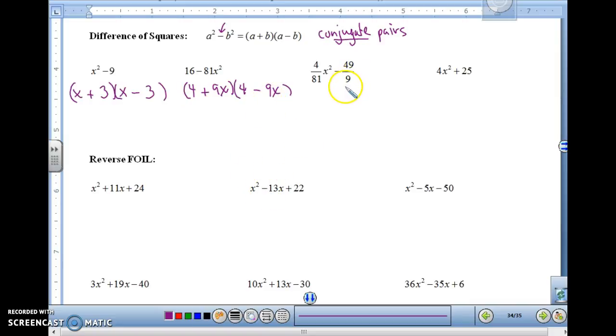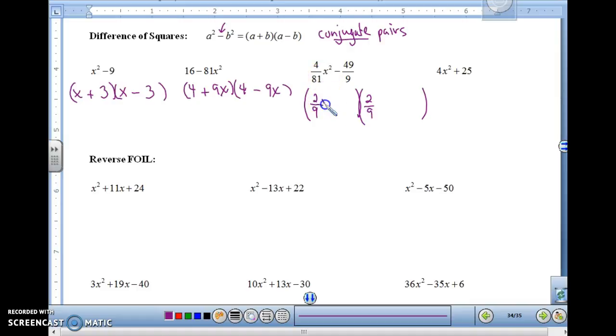All right, now don't let the fractions throw you. 4 81sts x squared minus 49 9ths. All of the numbers, 4, 81, x squared, 49, and 9 are all perfect squares. All you have to do, when you split them up, is take the square root of each part. So, make my fraction bar here, fraction bar here. How do I get a 4? Well, that's going to be a 2 and a 2. How do I get 81? 9 and 9.